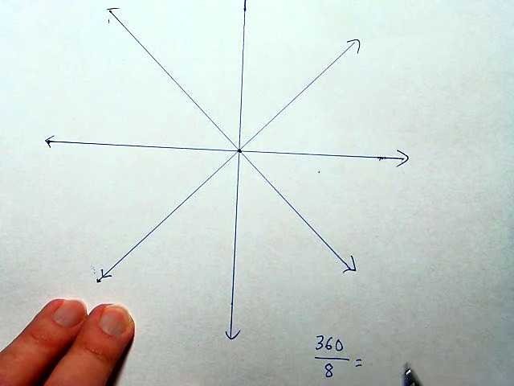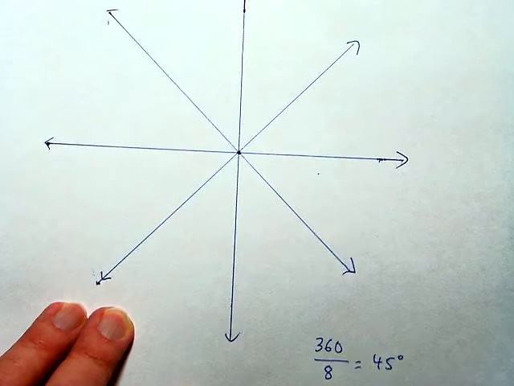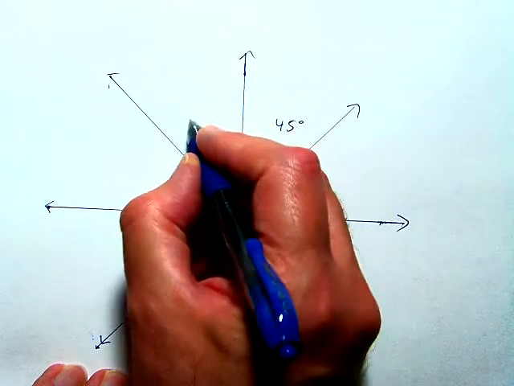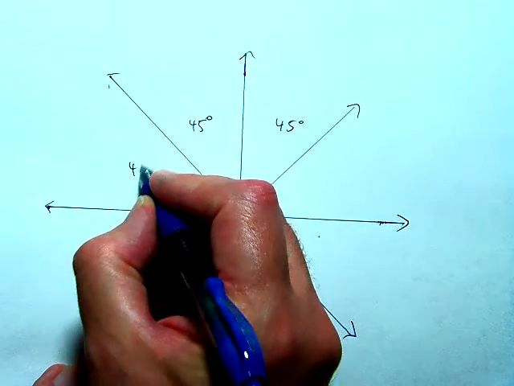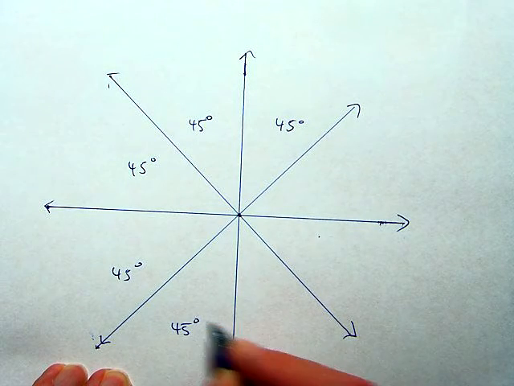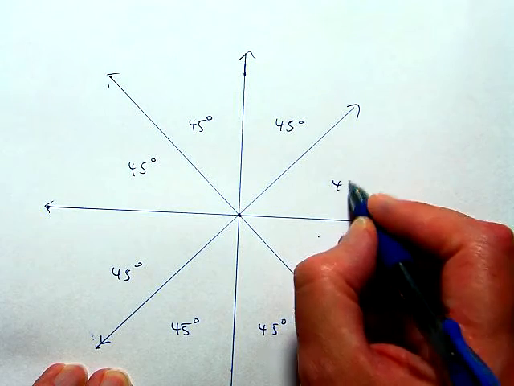And if you do the math, we end up finding out that the separation between each adjacent ray is 45 degrees. That means we've got 45 degrees here and 45 degrees in every space that we have adjacent between rays. So let's make that notation here.